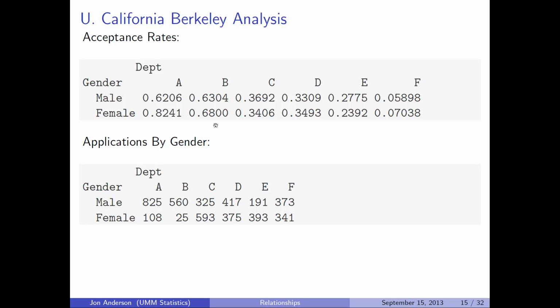If you look at where females apply to, they apply very heavily to departments C, D, E, and F. And if you look at those fractions, they are very small, particularly F. Very small fraction getting in for those that apply.